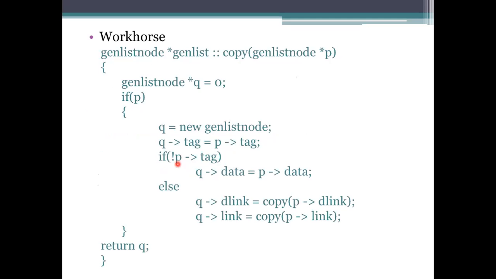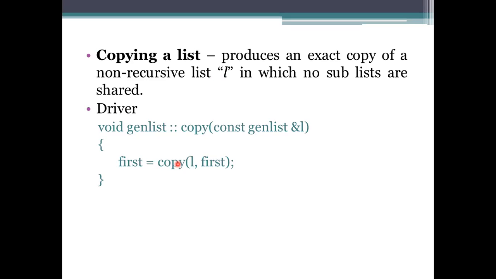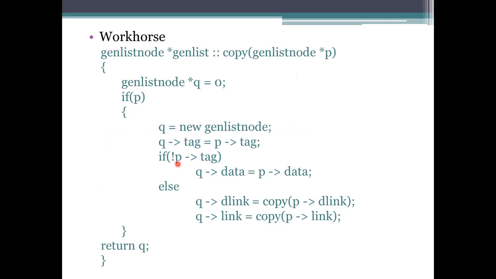And what the copy method or the generalized list method will do has to be specified by the workhorse. So either you are calling the generalized list or you are calling the copy list. What happens here is we need to process that thing. So any method you have placed has to be called here. Here we need to see whether the generalized list you have taken is empty or not.